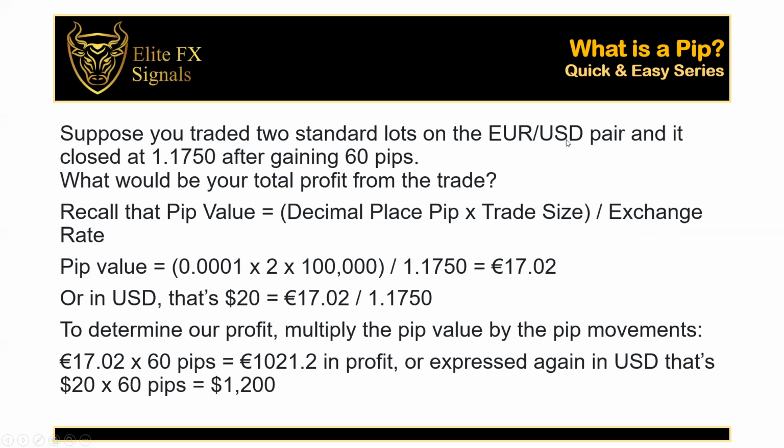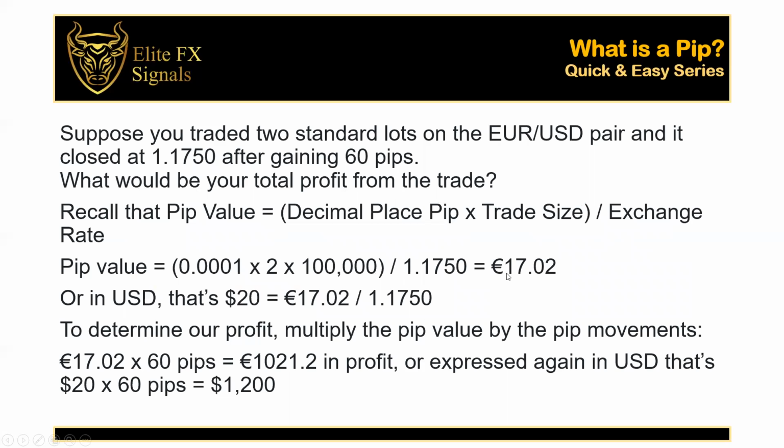Because it's a euro USD, it can have 4 or 5 decimals. We are using the fourth as the pip measurement, so it's 0.0001 times 2 lots. We traded 2 standard lots times 100,000 units each, divided by the currency quote, the rate at which the trade was closed, 117.50.